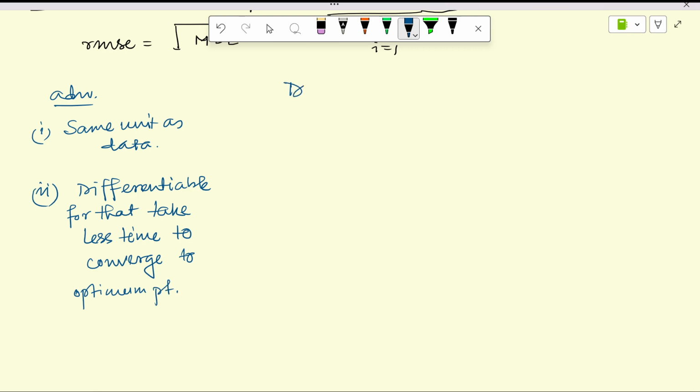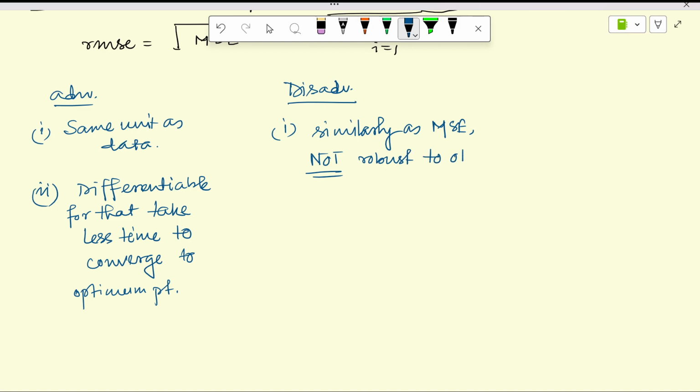And some disadvantages, if you want to know: it's not robust to outliers, similar to MSE.